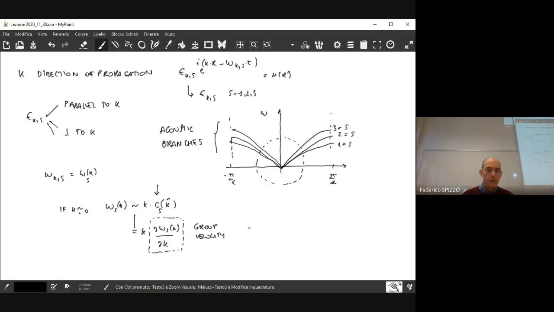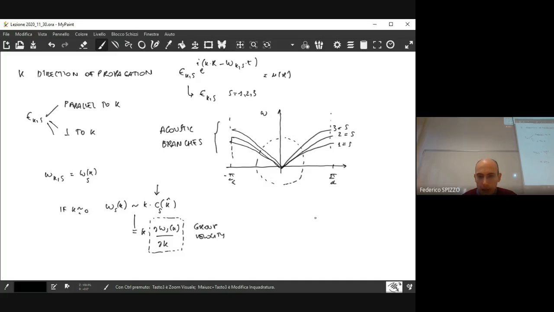And now, if you allow me, I open a parenthesis. Omega in general: what is the connection between a frequency and the energy? In general, you write that the energy is h bar times the frequency.